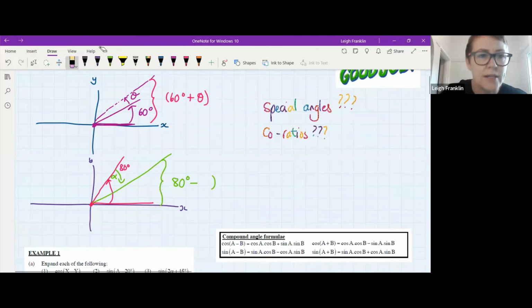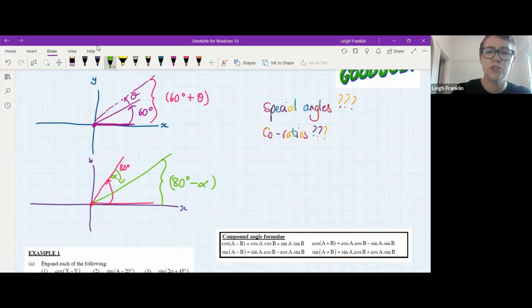But anyway, you get the idea. Let me just change that quickly. 80 minus alpha. Those are compound angles. So they are made of the sum of two angles, or they're made from the difference of two angles. So it's either going to be something plus something or something minus something else.